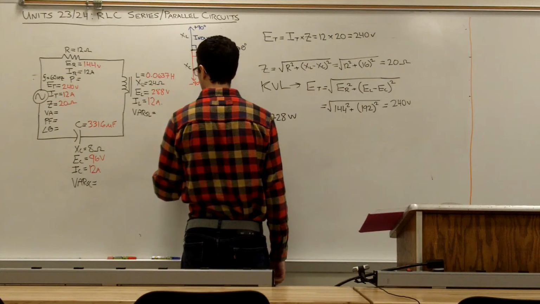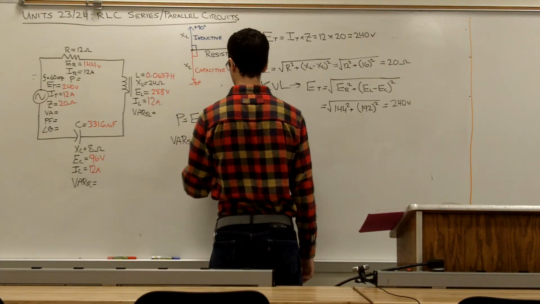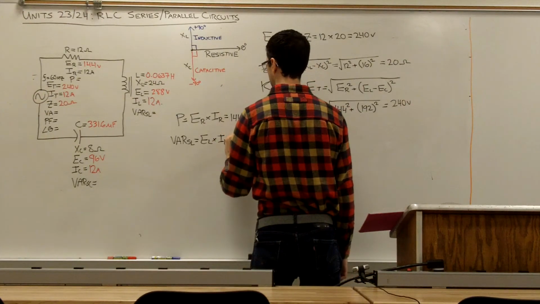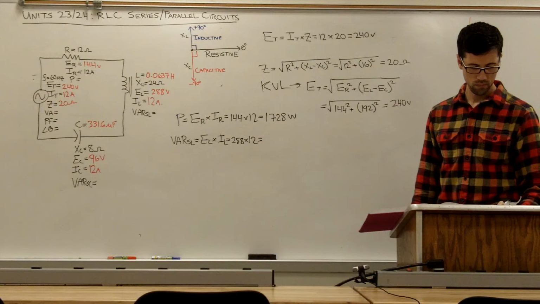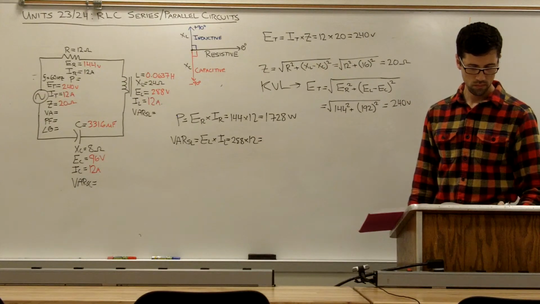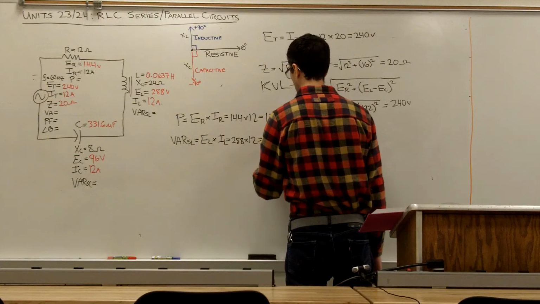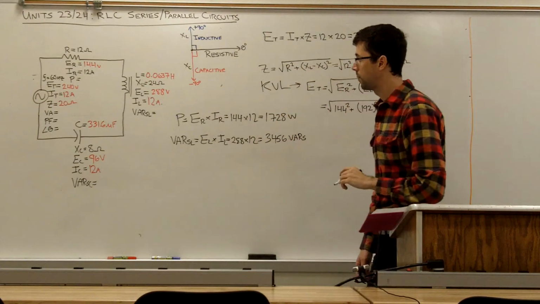The reactive power of the inductor, Q sub L, is E sub L times I sub L, 288 volts times 12 amps, which is 3,456 vars of reactive power.